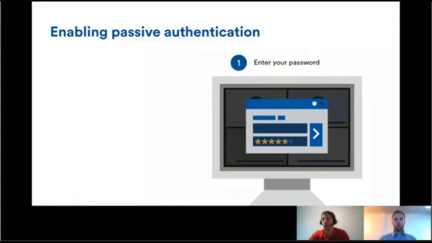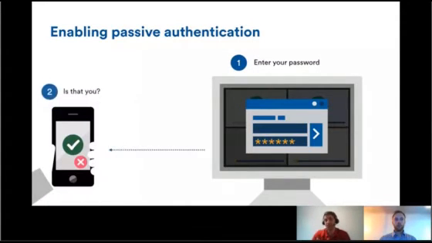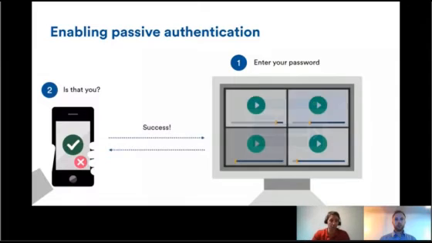This allows you to manage your identity in a central way in your Active Directory. And this would also allow you to use multi-factor authentication. So in this scenario, you enter your password in the system. You will then get a notification on your smartphone. And if you acknowledge it on your phone, then you will be granted access to the system.